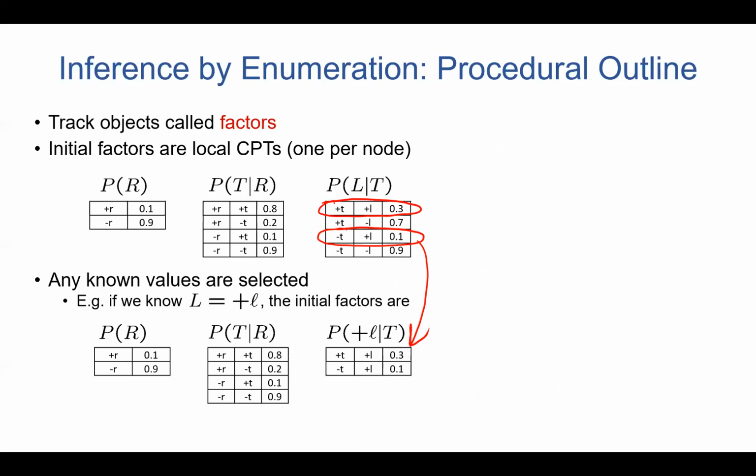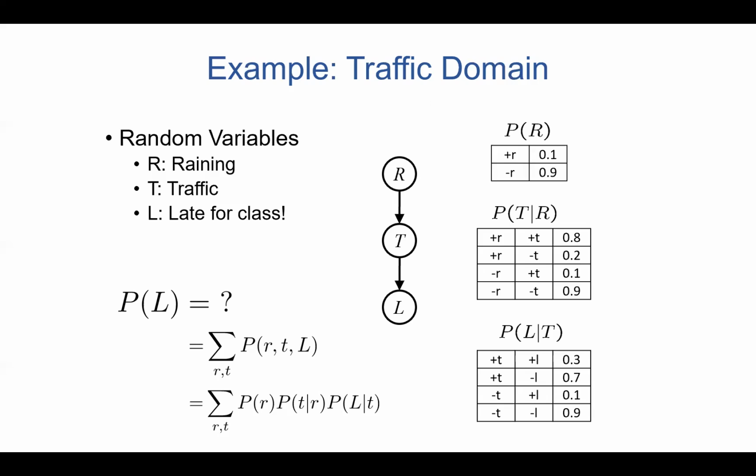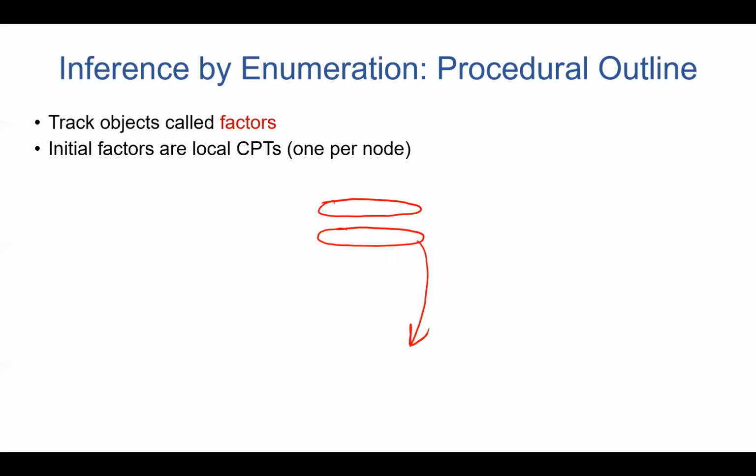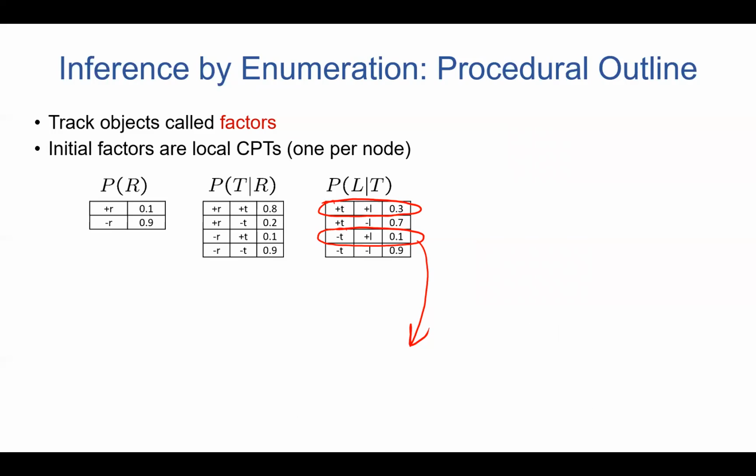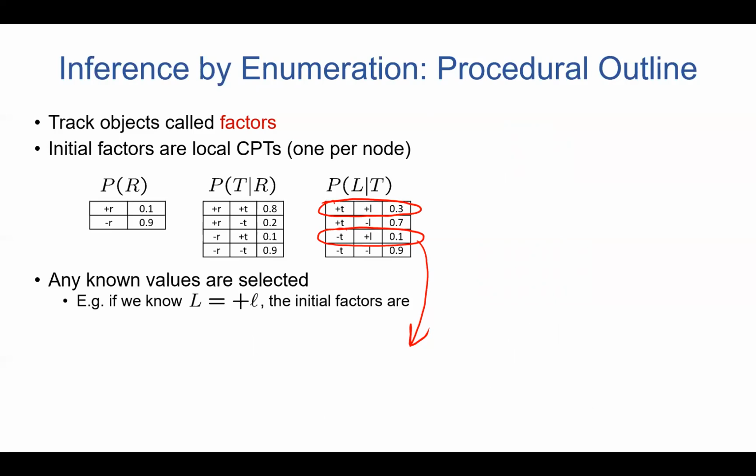So now suppose we have a specified conditional. Suppose that you have the evidence. Now, suppose that you want to say, what is the probability that you are late to the class?